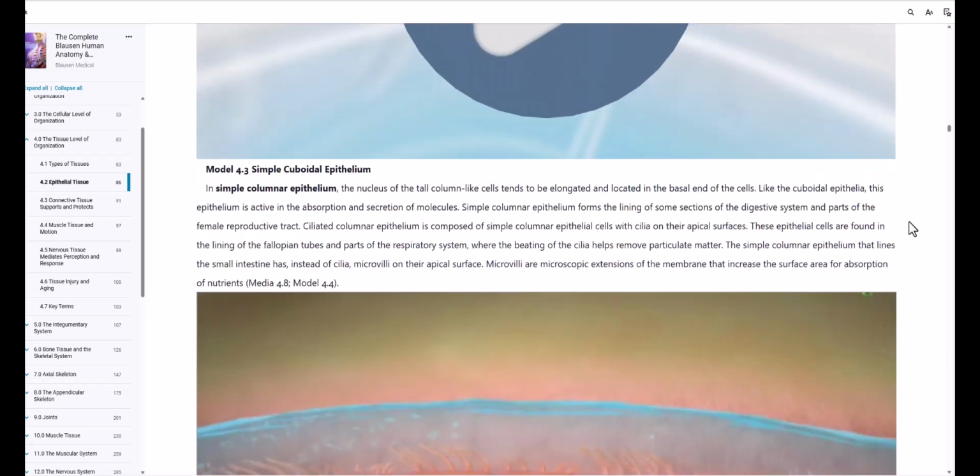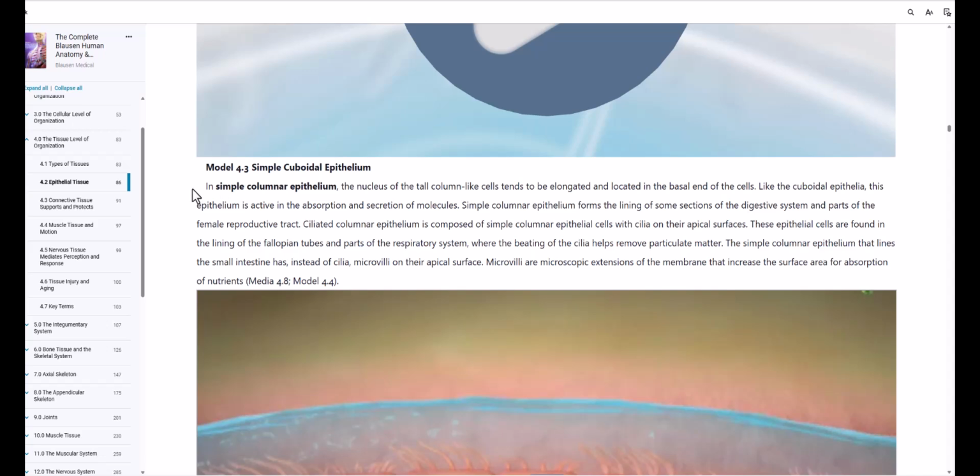And then simple columnar. The one layer of cells that are taller than they are wide, one layer of column-like cells. These are famously found in the digestive system, specifically lining your intestines, your small intestines. It will be the primary place where we will see examples of a simple columnar epithelium.